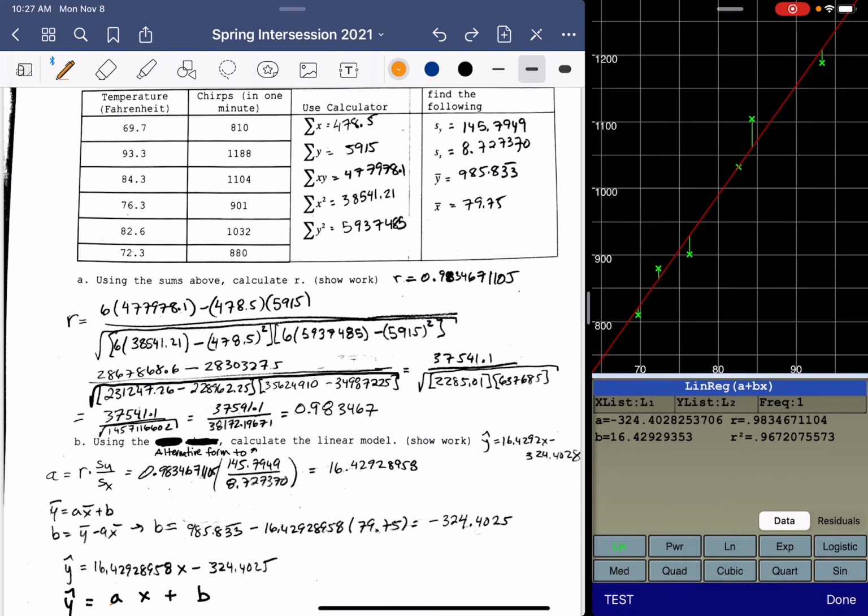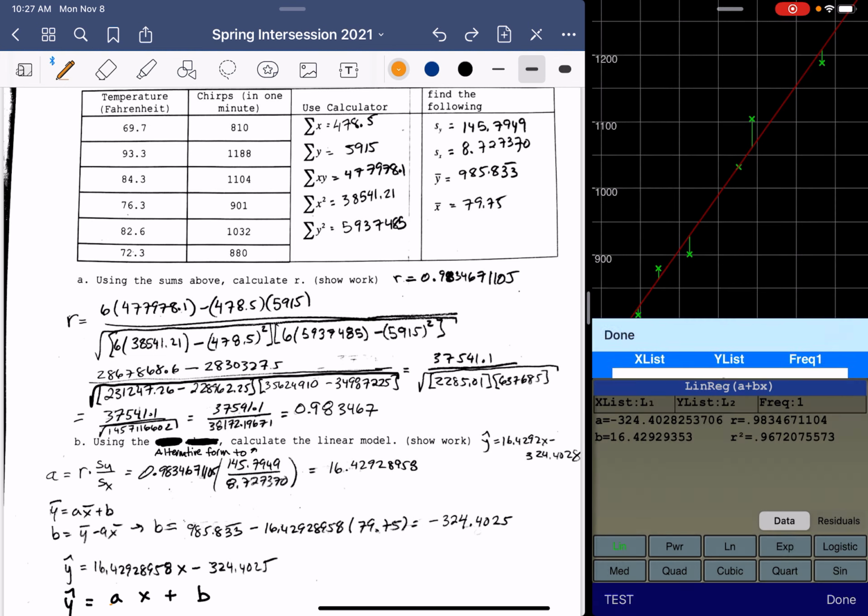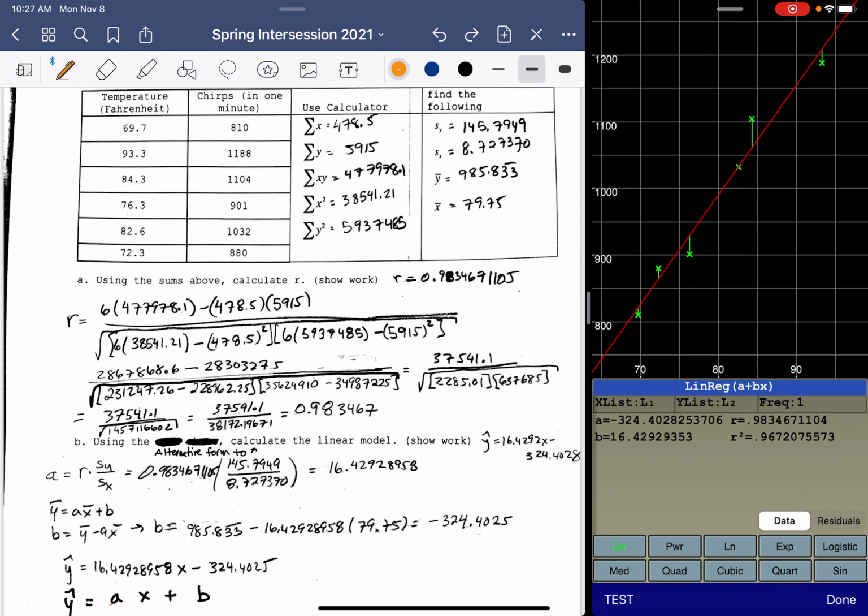I just clicked on the list. And then we have an R value of 0.983, which I wrote down before, and it's very close to the answer that I want.